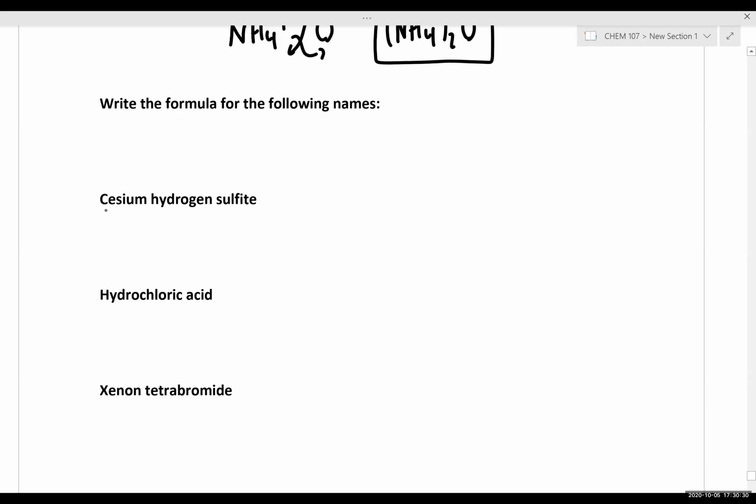So for cesium hydrogen sulfite, we have cesium plus because it's a 1A main group metal with a charge equal to its group number, which is +1. For hydrogen sulfite, sulfite is SO3 2 minus. If we add a hydrogen, we get HSO3 minus.